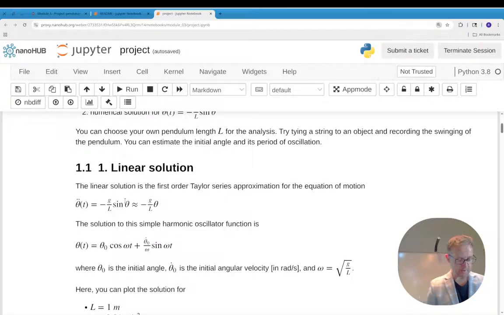Yeah, the approximation that we're making is that our nonlinear differential equation becomes linear because that sine theta just becomes theta. Yeah, otherwise it'd be pretty boring. Just acceleration 0, so nothing ever happens, or it's constant velocity.